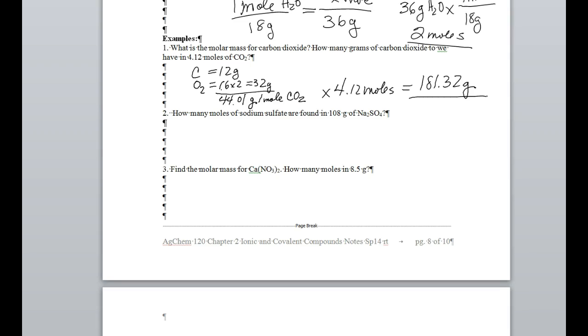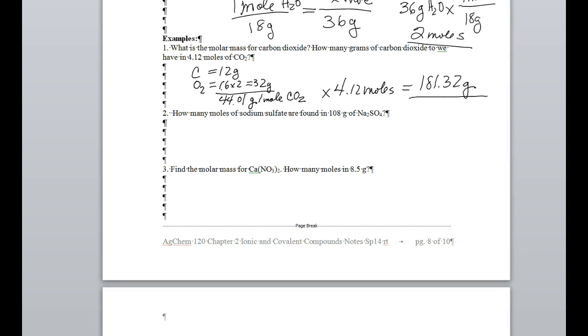Okay, so we already know that carbon is 12 grams per mole, oxygen 16 grams times 2 equals 32. So we added those up and we got 44.01 grams per mole of CO2. Okay, so we got the first part done. Now what they wanted you to do was figure out how many grams there are, and this is per 1 mole, right?